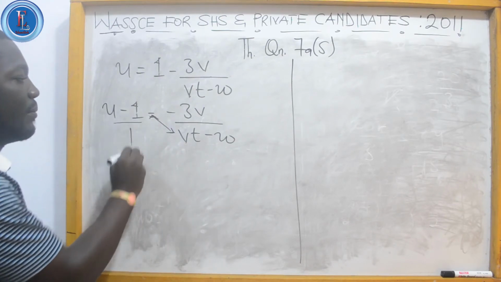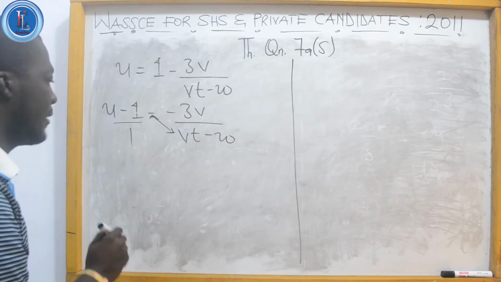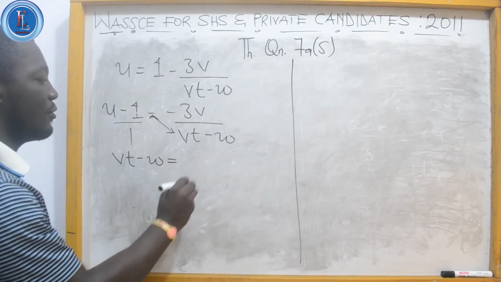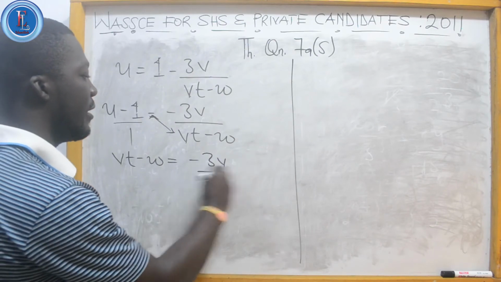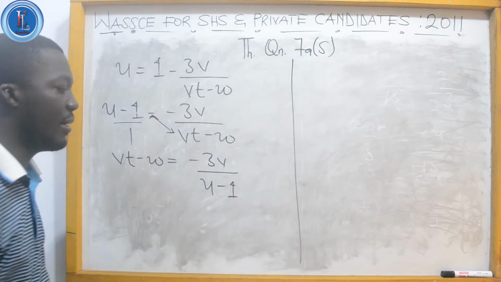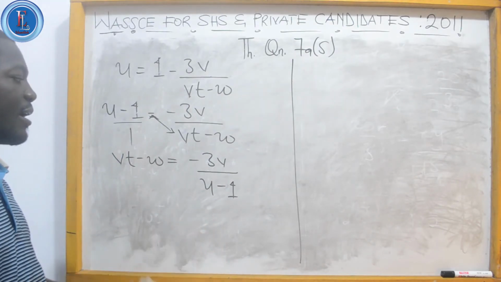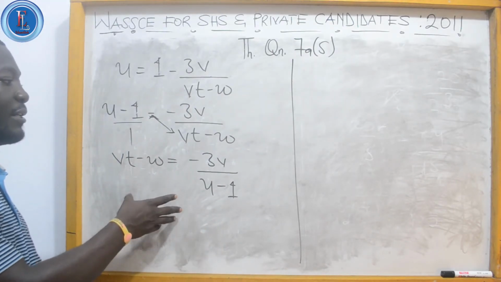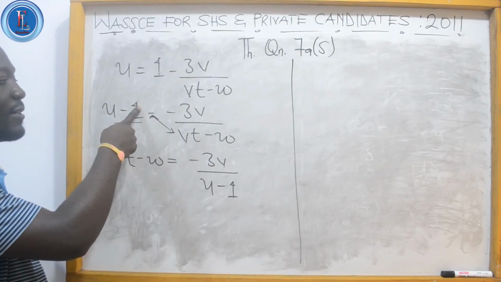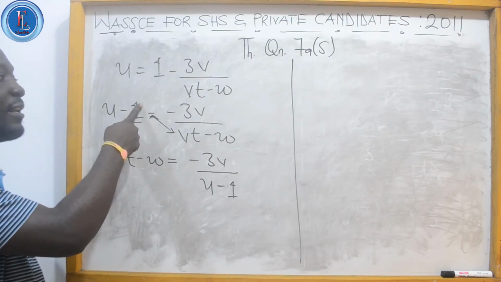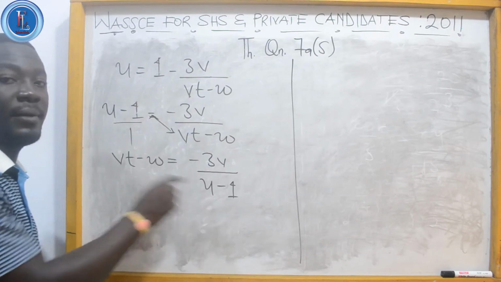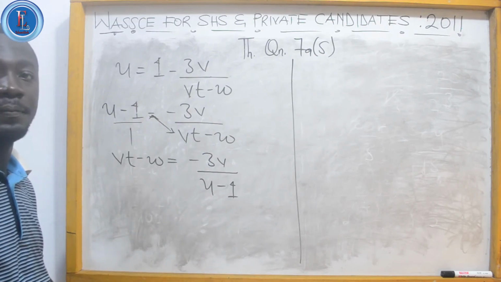Obviously this is divided by 1, so we will maintain that. And we get VT minus W is equal to negative 3V divided by U minus 1, as we have here. Here we did cross multiplication. This crossed to the left hand side, and what we have at the left hand side also crossed to the right hand side to become the denominator.